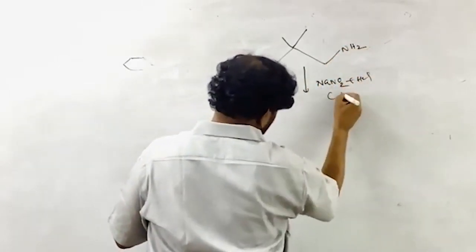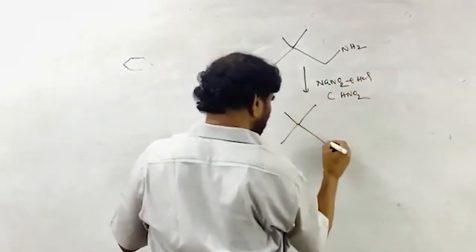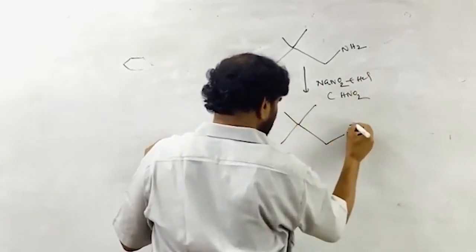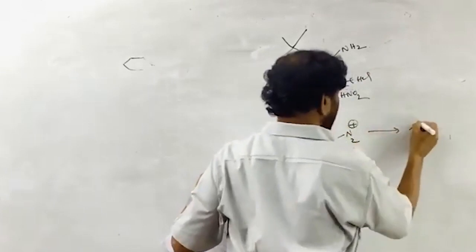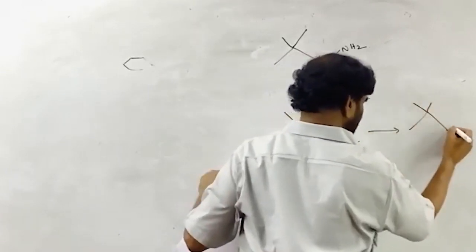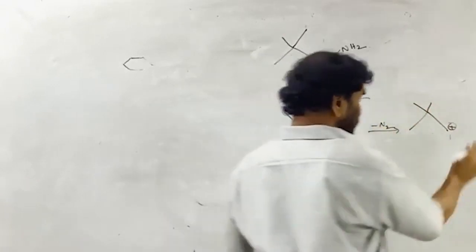You know, this is nothing but HNO2. What happens? This is the product formed, that is diazotization, and the diazonium ion is formed. This is the super leaving group. It leaves and a carbocation is generated, that is, the carbocation generated after loss of nitrogen, Van Slyke's method.